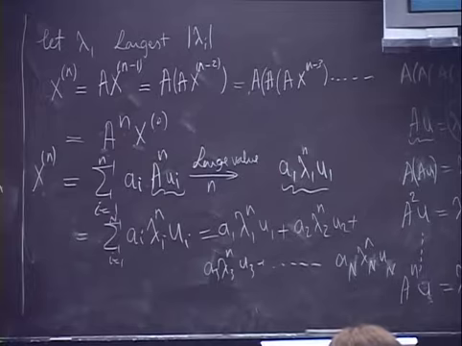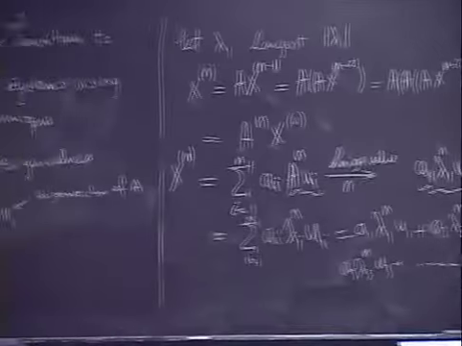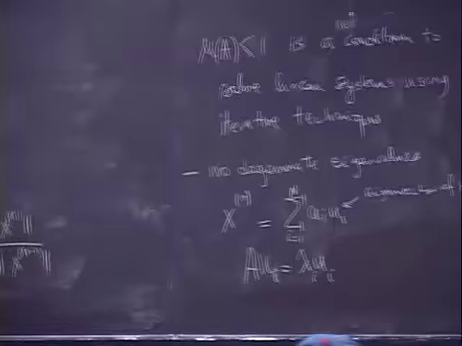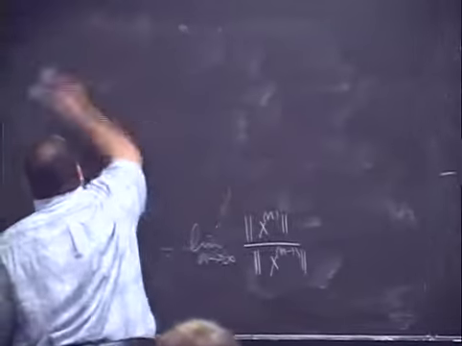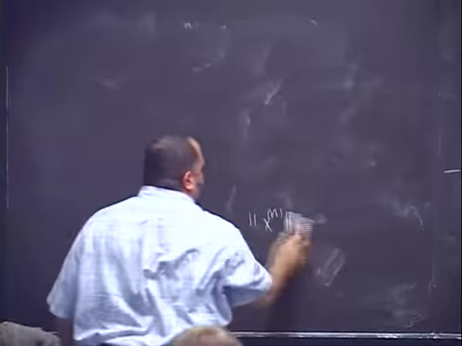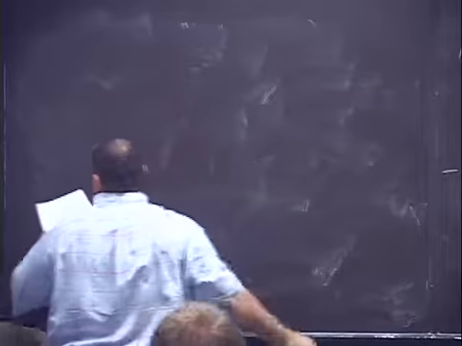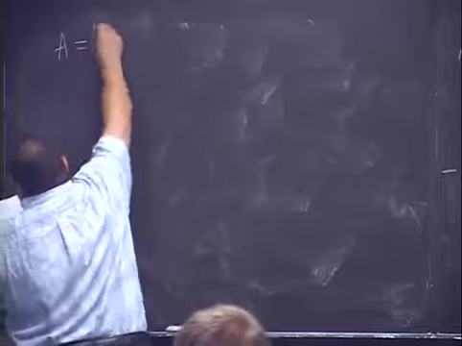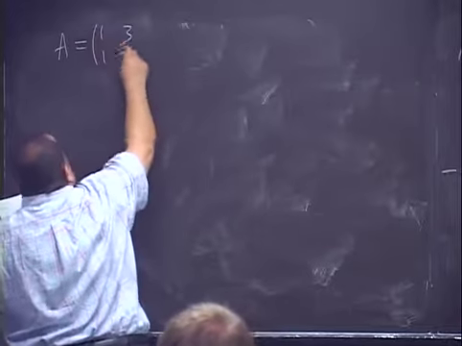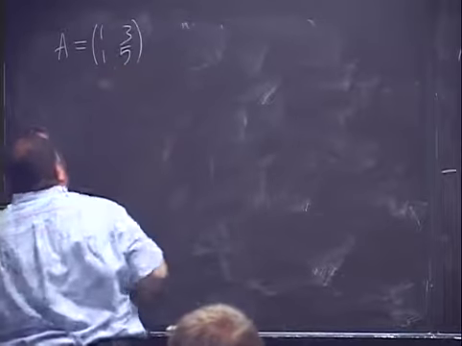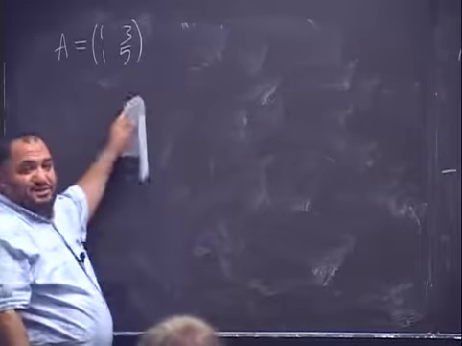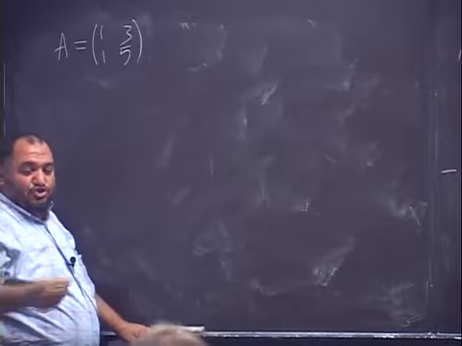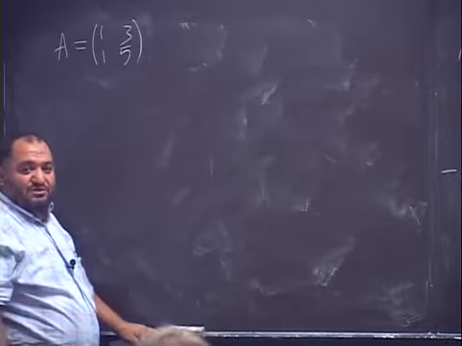So let's take an example. It will be very easy and very obvious what we are doing here. Do you remember the example that we discussed a couple of lectures ago? I think it was actually last lecture, 1, 3, and 1, 5. And we stated that this one has non-degenerate eigenvalues.